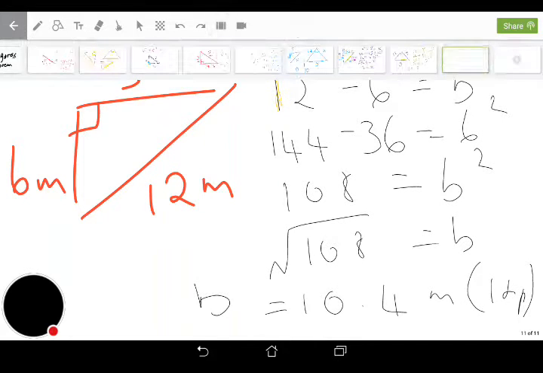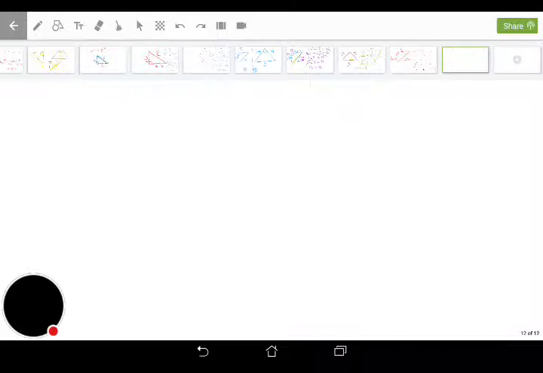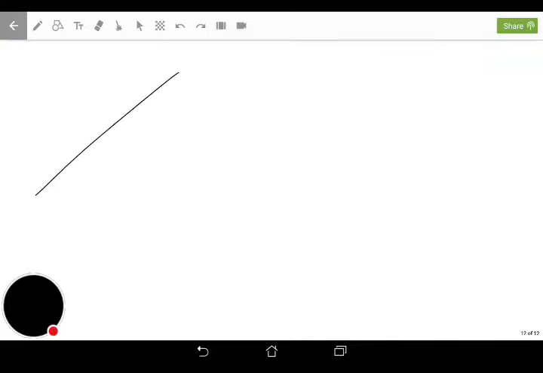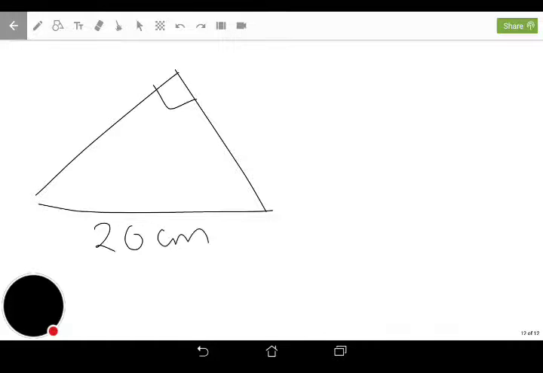Let's just have another practice at getting the shorter side. Okay, so the hypotenuse, which is the length again opposite the right angle, is 20 centimetres.